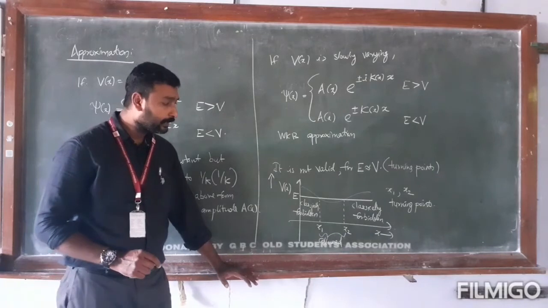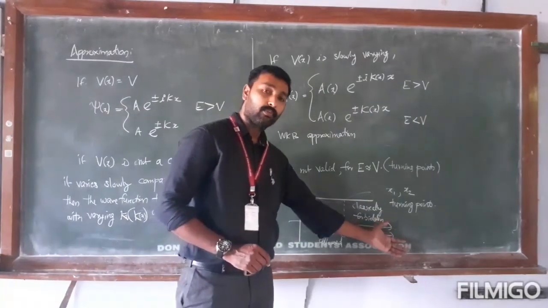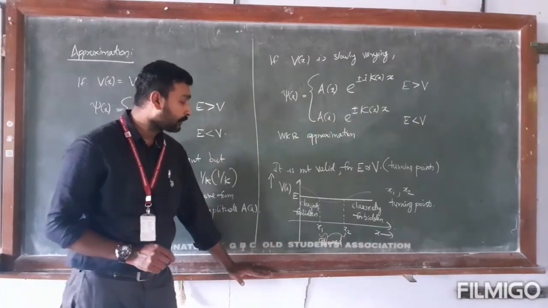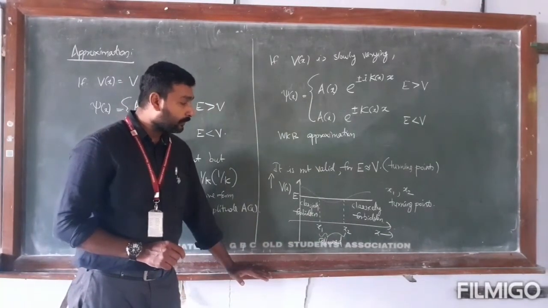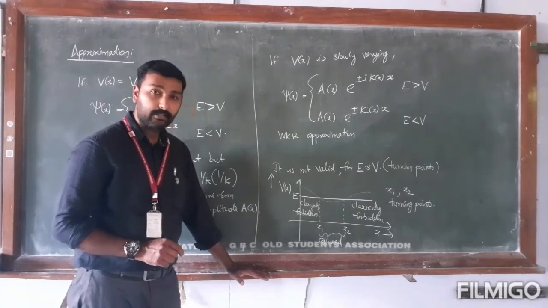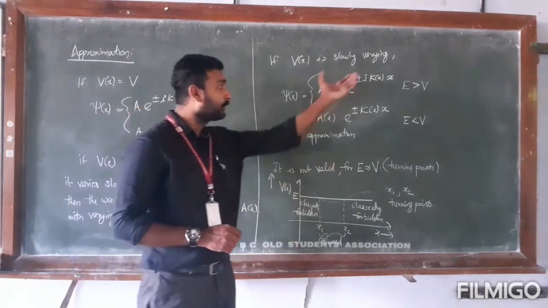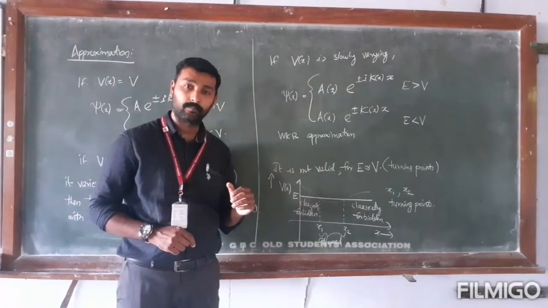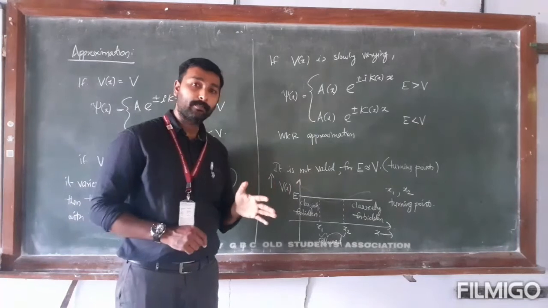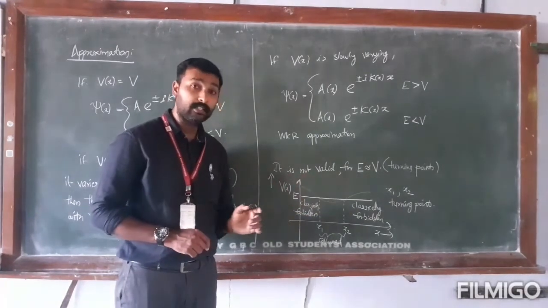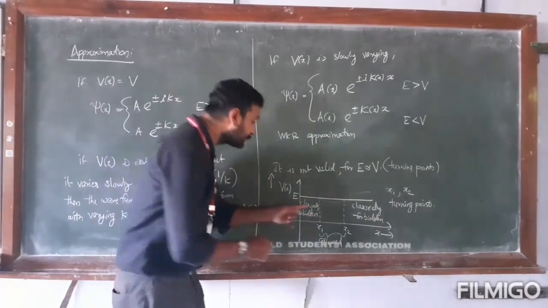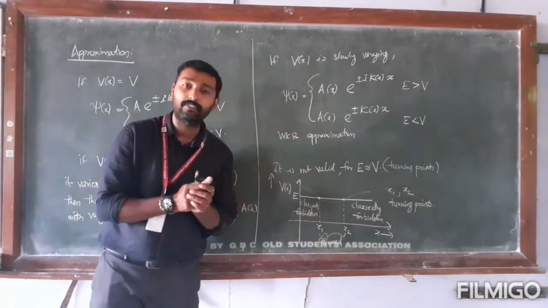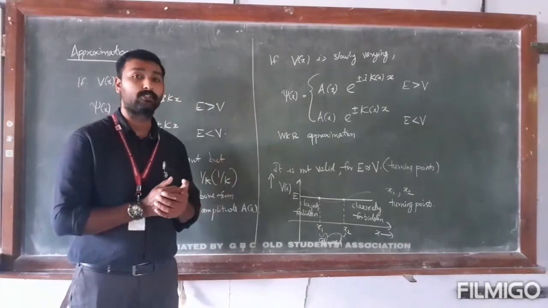But quantum mechanically the particle can exist at positions greater than x2 and beyond x1. There is no issue. So we have a classically allowed region and a classically forbidden region. In all these regions, this wave function is applicable provided the potential is a slowly varying function. So this WKB approximation is valid for both regions, except at these particular points. At the points x1 and x2, that is in the vicinity of x1 and x2, this approximation is not valid.